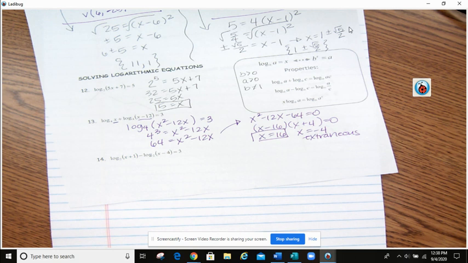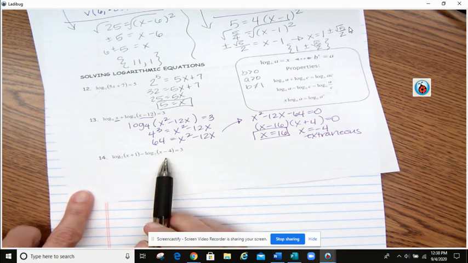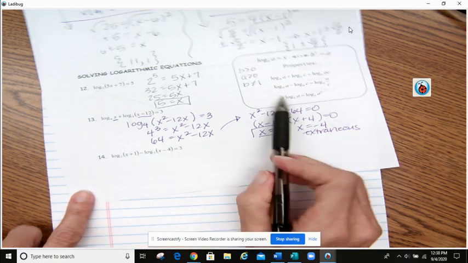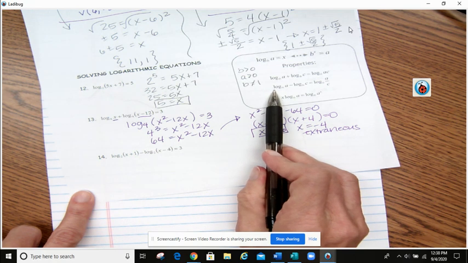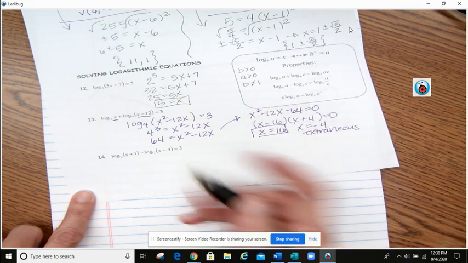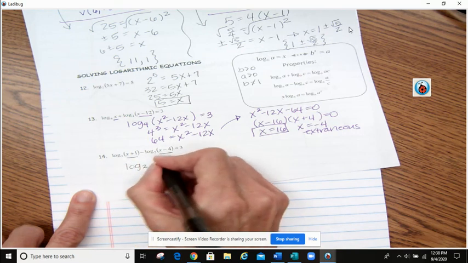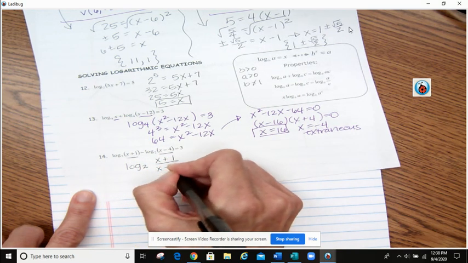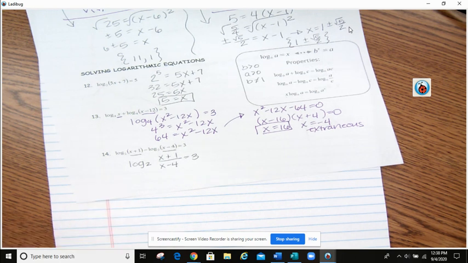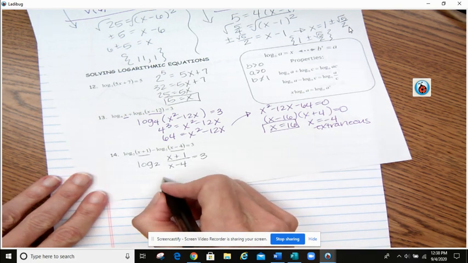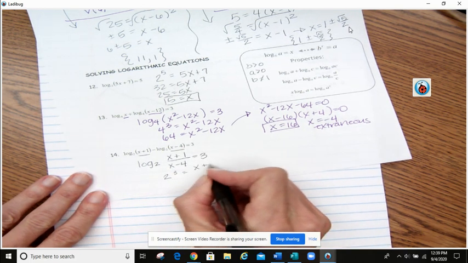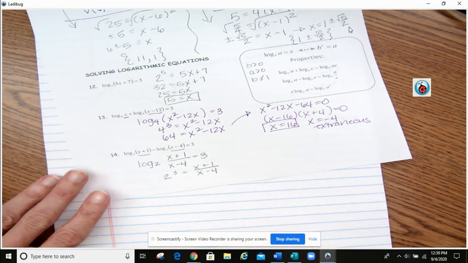And the last one, 2 logs on the left. I'm only allowed 1, so I'm going to use this property to condense. 2 logs subtracted, condensed to 1 log with division. This is what I'm going to divide. So log base 2 of x plus 1 divided by x minus 4. Again, now I have an equation with 1 log, so I'm going to write it in exponential form, which would be 2 cubed equals x plus 1 over x minus 4.